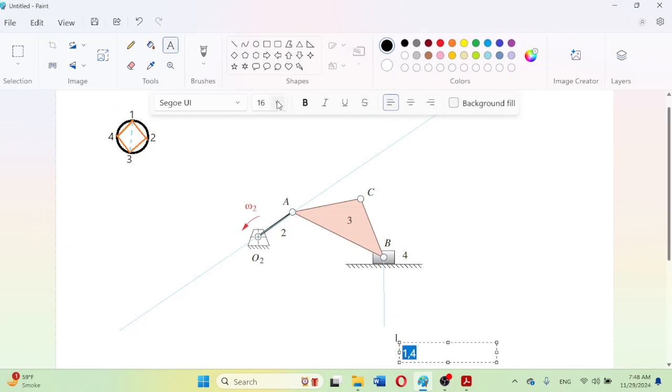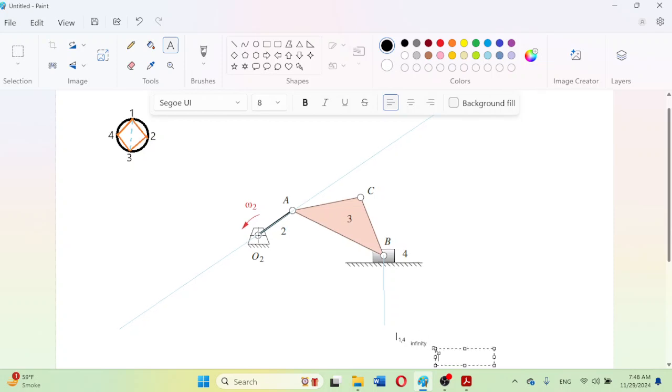So just show it here as a representation. Actually this is at infinity, so I can just write it here that this instant center I1,4 will be located at infinity.